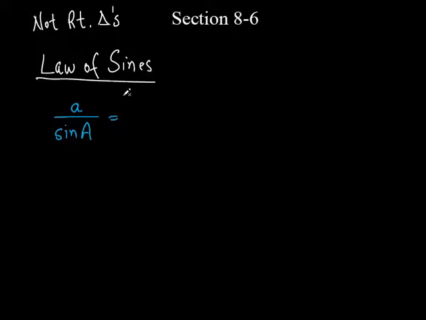It's a little bit different than you've seen before, this law of sines. So it's a over the sine of A equals b over the sine of B. Let's try that again. The sine of B equals little c over the sine of big C, capital C.